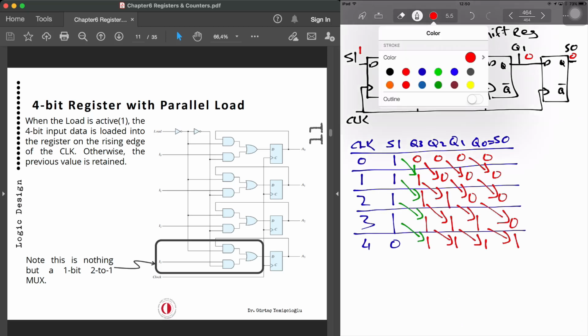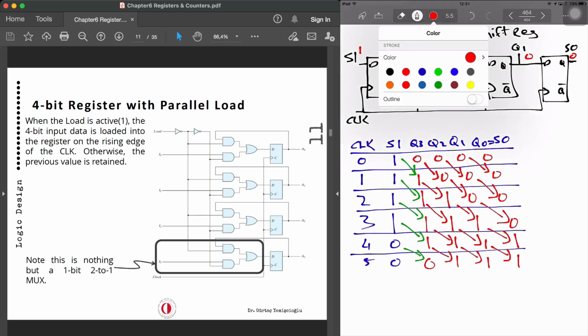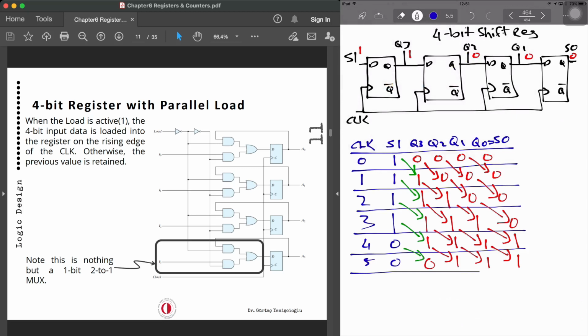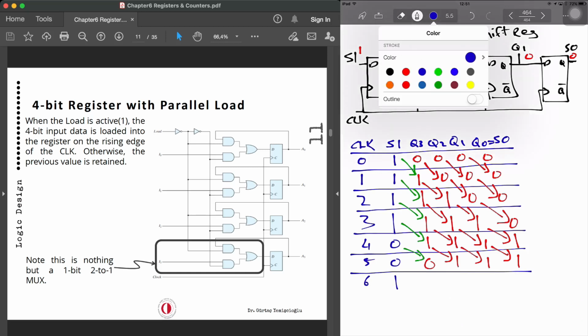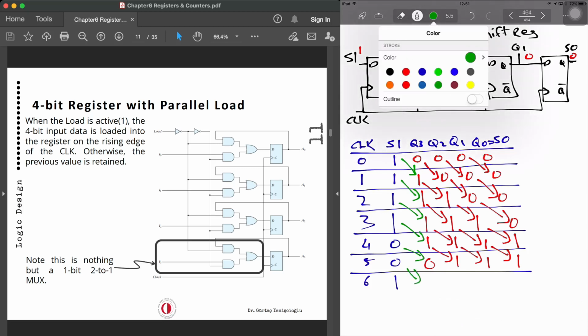Now, if we carry on, if I add another cycle with 0, now this is going to be 0, okay? This will be 1, this will be 1, this will be 1. And cycle 6, I can have 1. I'm just putting random numbers. These are all just random numbers for SI.